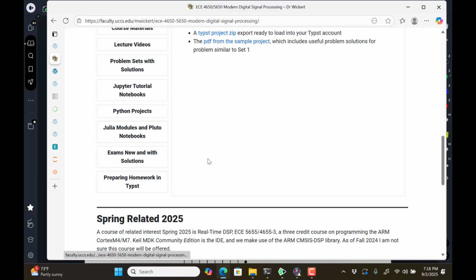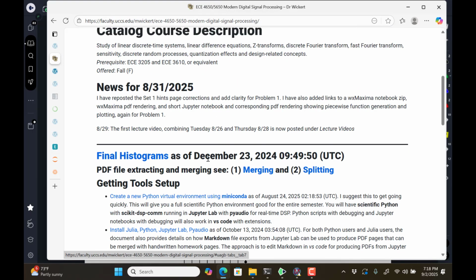In the website, I have this thing, PDF file extracting and merging. I have a couple links in here giving you ideas on how to merge and split PDF documents around. That was a concept that we used last year, and it worked well.